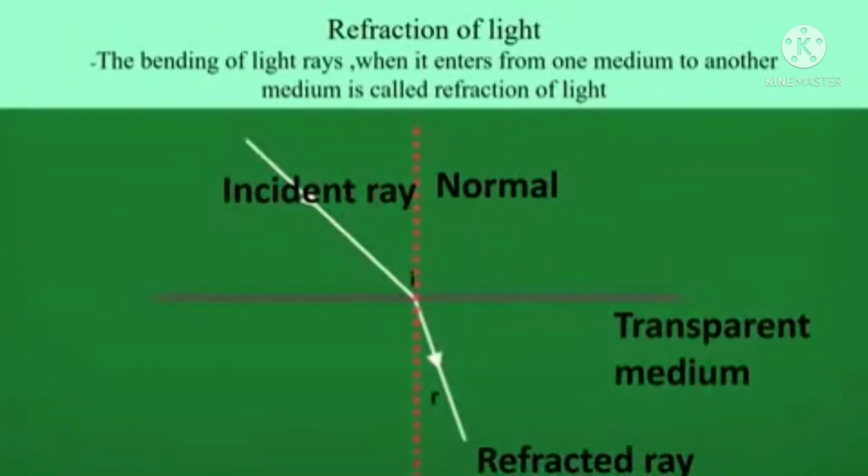Then we see the next characteristic of a light wave, that is refraction of light. Students, we know what happens when a light ray is incident on a transparent medium.